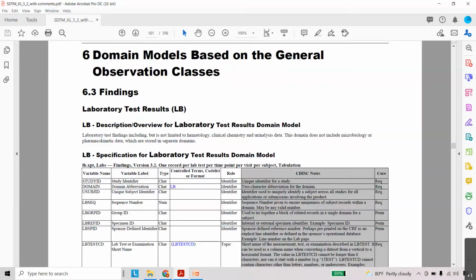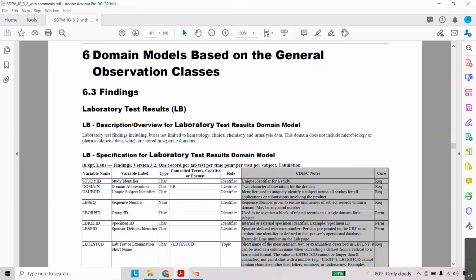And then we have the findings general observation class. In the findings general observation class, we have three: events, findings, and findings about. So today we will discuss the laboratory test results, which is part of the findings general observation class.